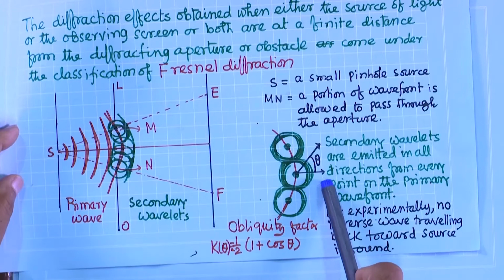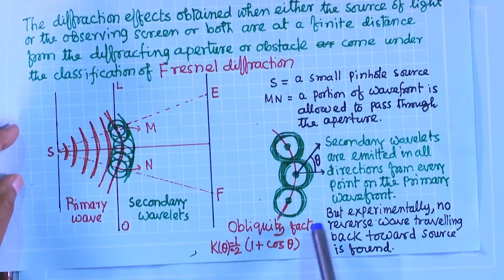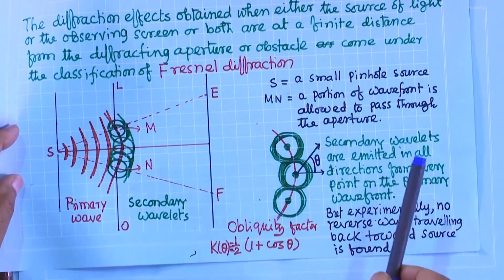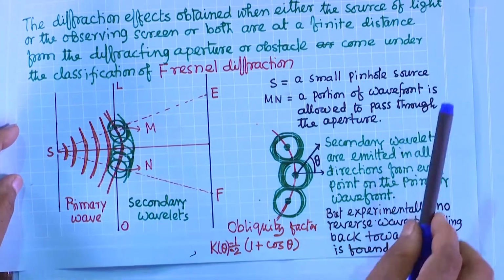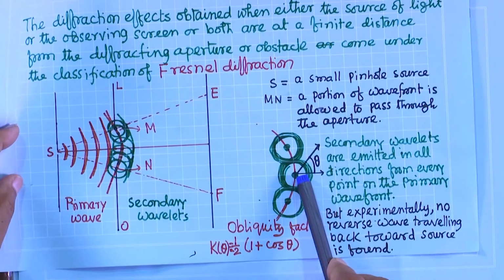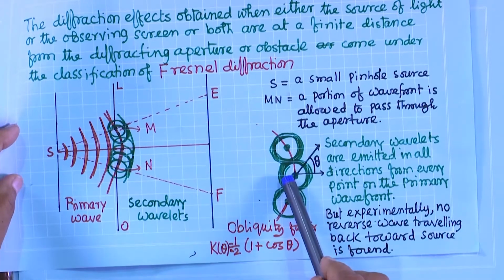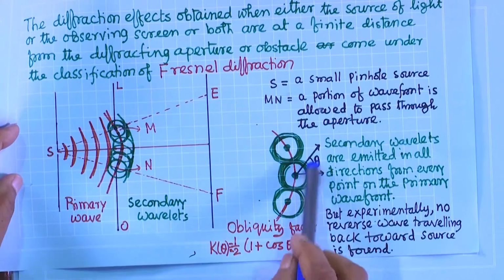we have to consider one factor that is called the obliquity factor. The amplitude of the wavelets reaching the screen will depend on the direction of the wavelets.